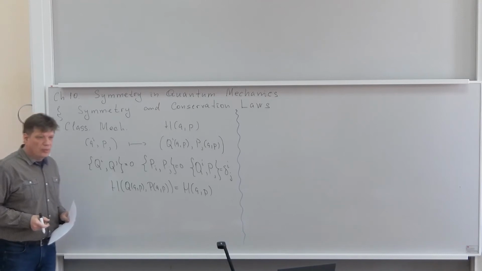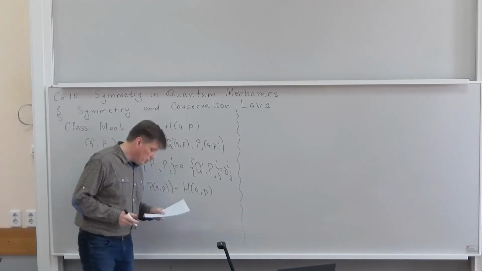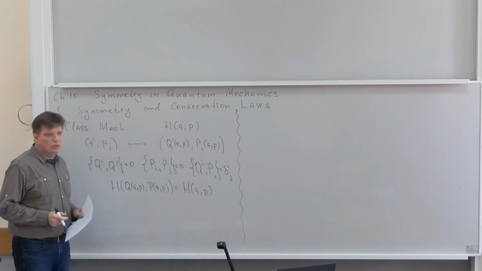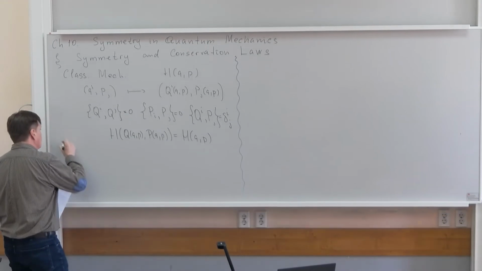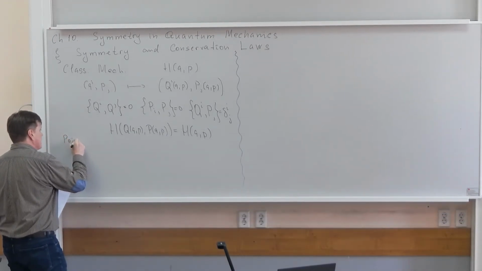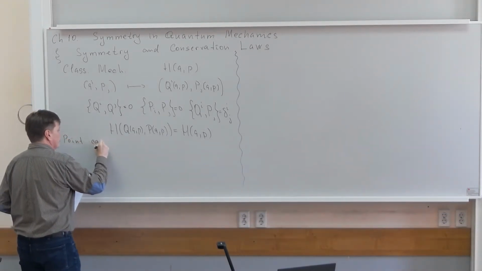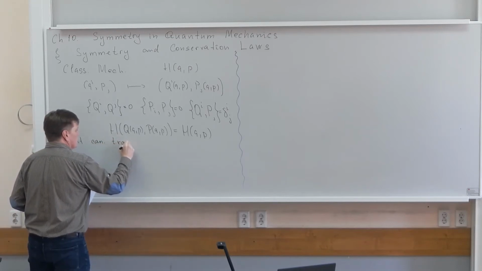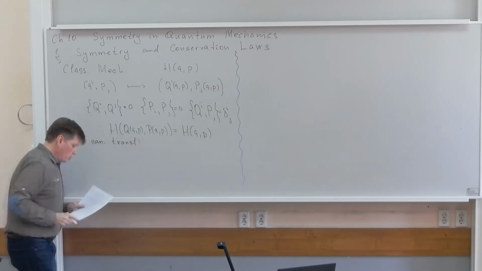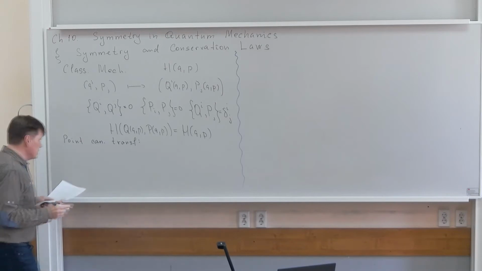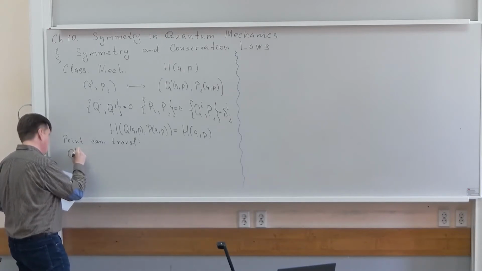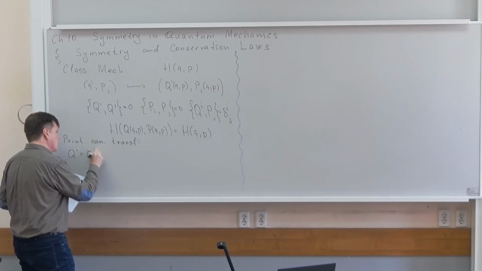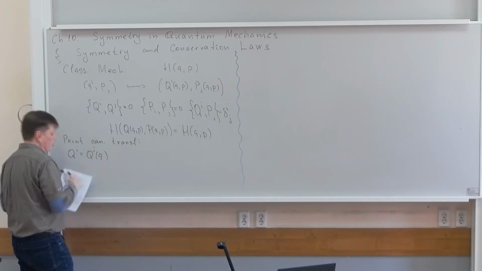A large class of canonical transformations is given by the so-called point canonical transformations. That's what we call the notion of point canonical transformations. These have the following form. Q capital is given by Q capital of q.